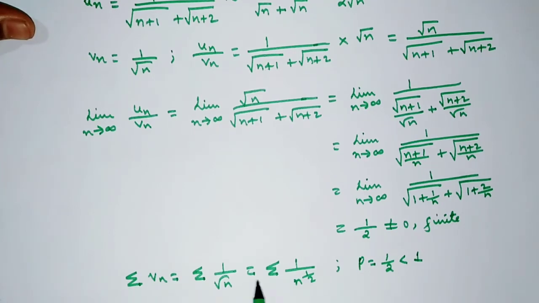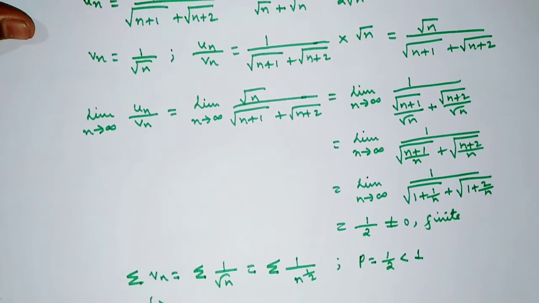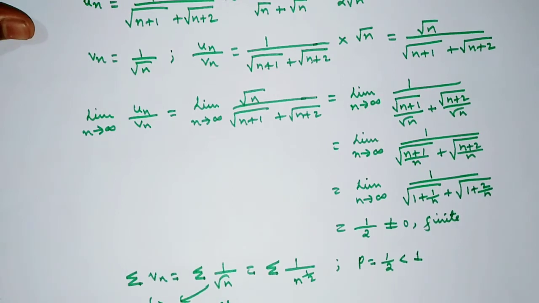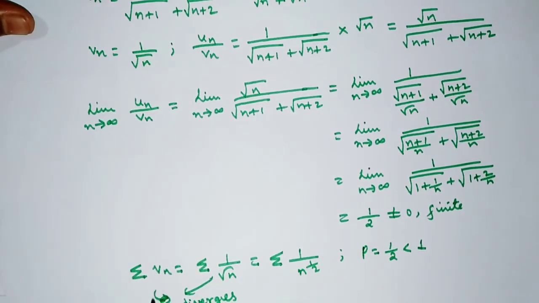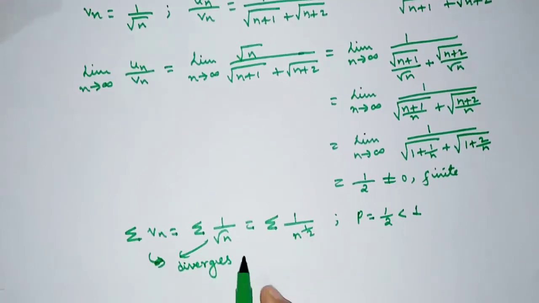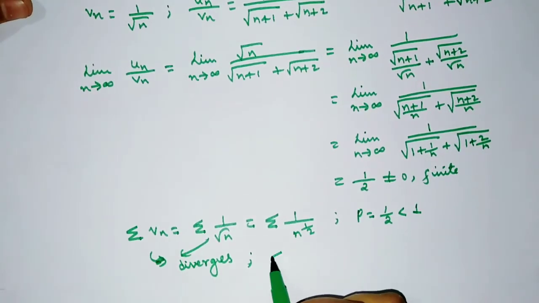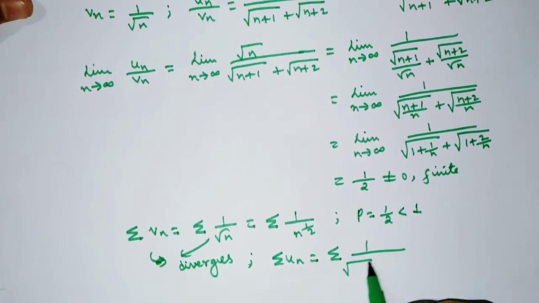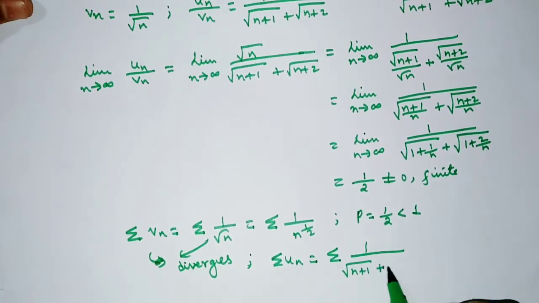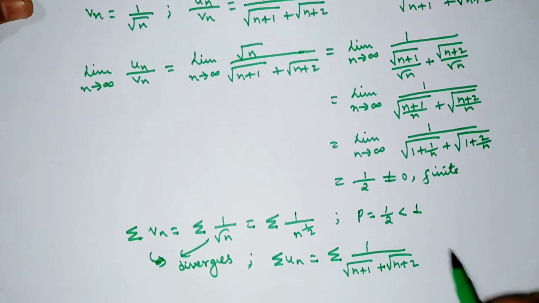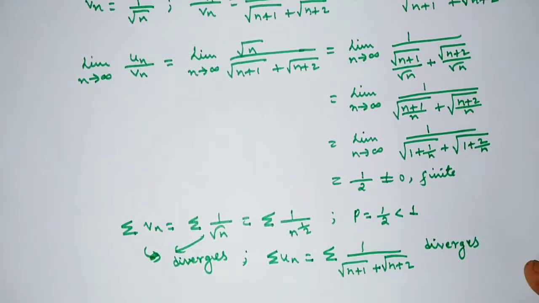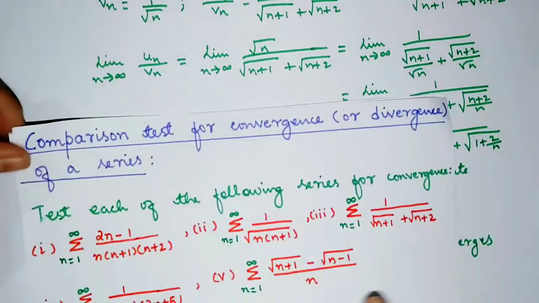So this series diverges because p is less than 1. So since summation Vn diverges, we conclude that summation un, which is summation 1 upon root n plus 1 plus root n plus 2, diverges.